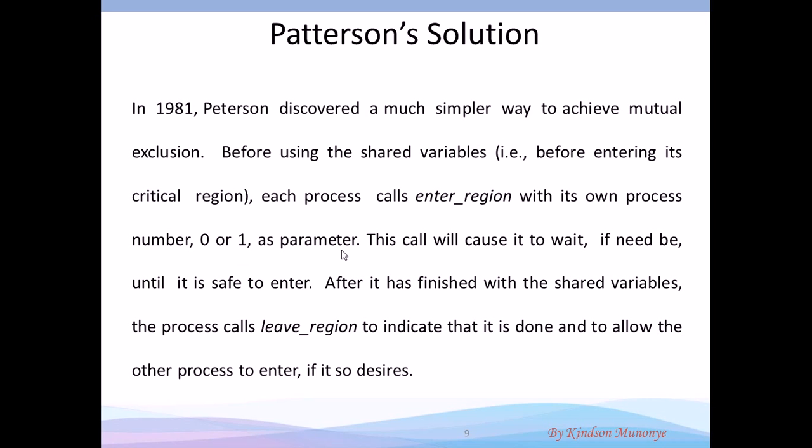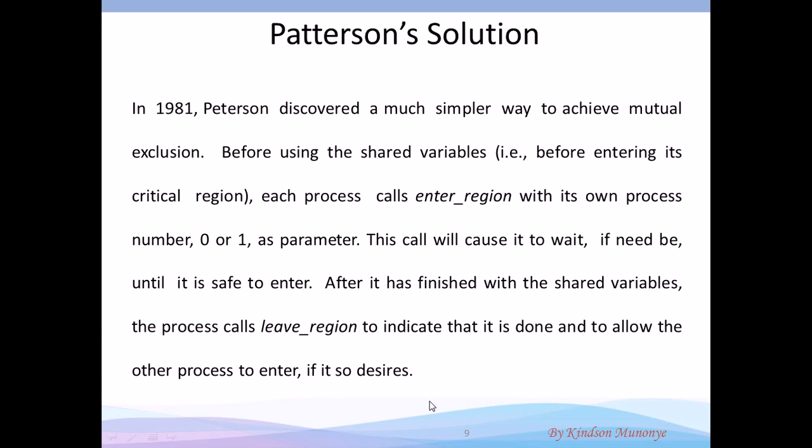Peterson's solution has this data structure. I did not specify it here, but we have enter region and also leave region. Enter region is a procedure. You call it with your process ID, and then you enter the critical section. Once you are done, you call another procedure, leave region, and you leave.